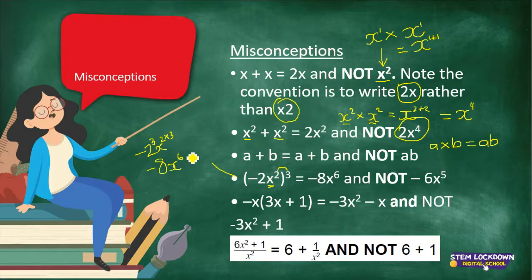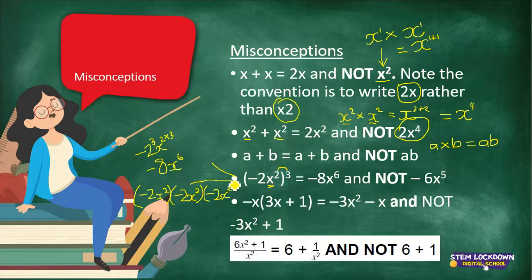Okay, if that confused you, you can also write this in this fashion. You can say it is actually negative 2 x squared, times negative 2 x squared, times negative 2 x squared.